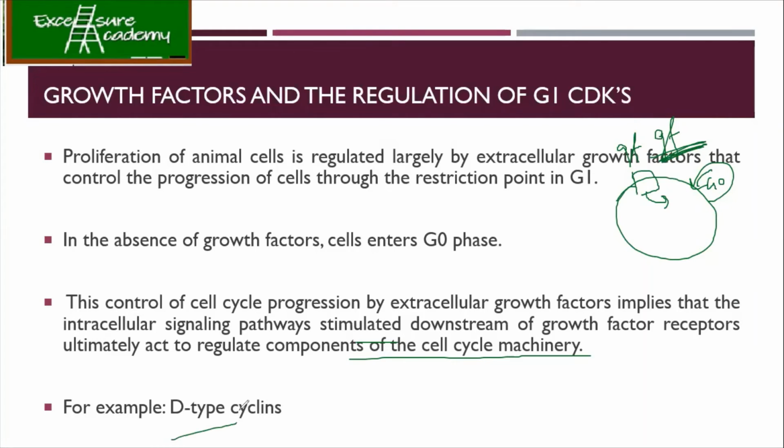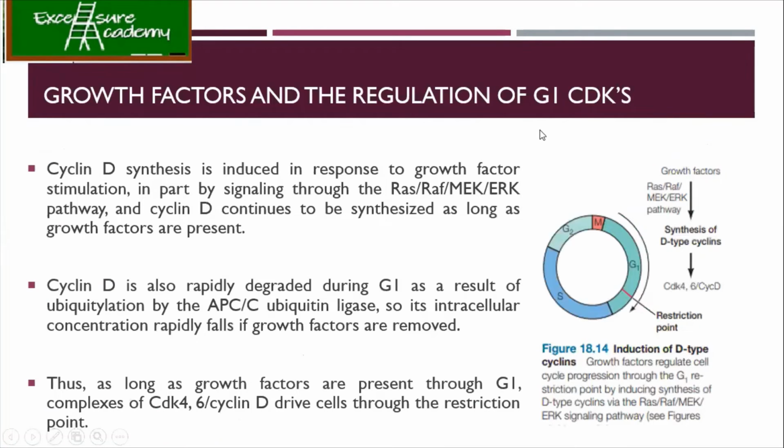For example, let's talk about the D-type cyclins. Cyclin D synthesis is induced in response to growth factor stimulation, in part by signaling through the RAS-RAF-MEK-ERK pathway, and cyclin D continues to be synthesized as long as the growth factors are present.